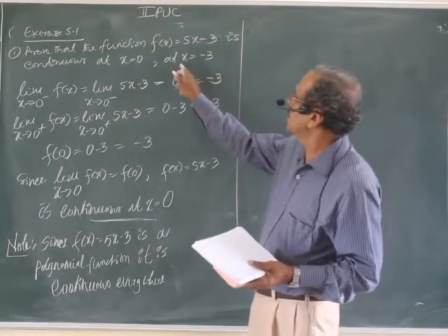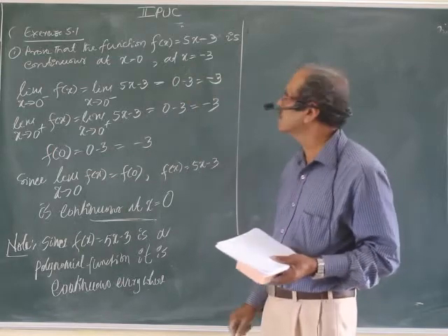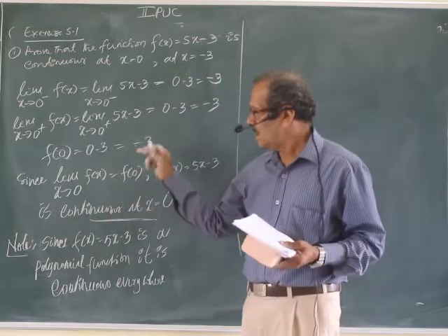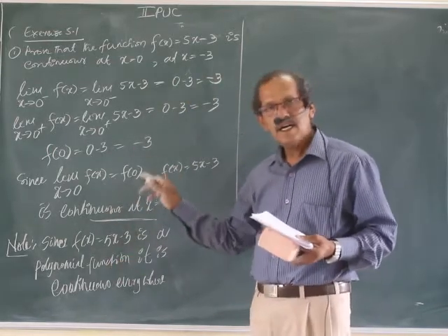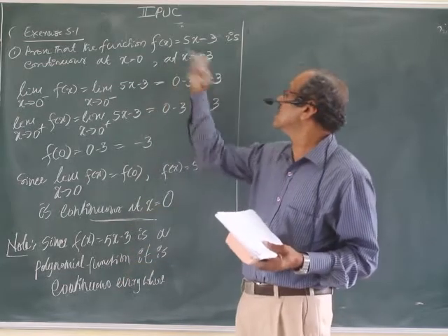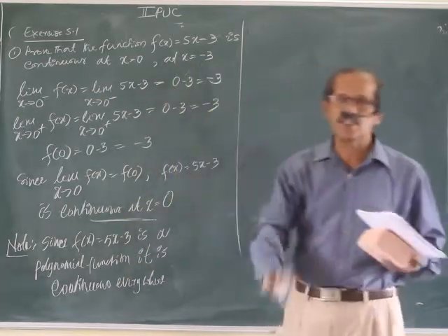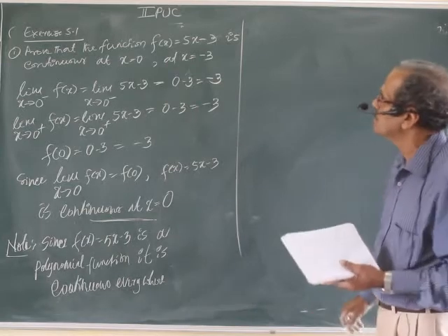Similarly, you can verify this one yourself. Same method, or it is a linear equation. A linear equation is continuous everywhere, so at x equal to minus 3 also it is continuous, no doubt.